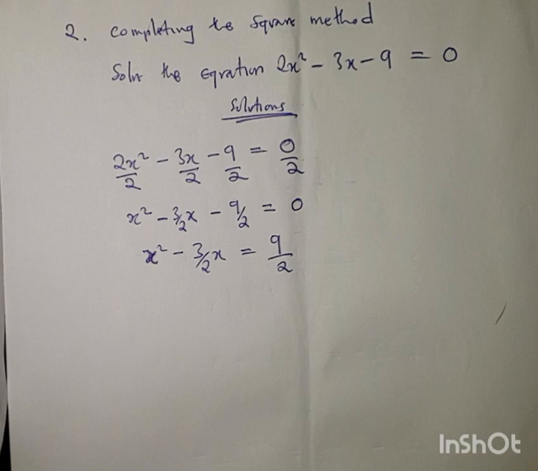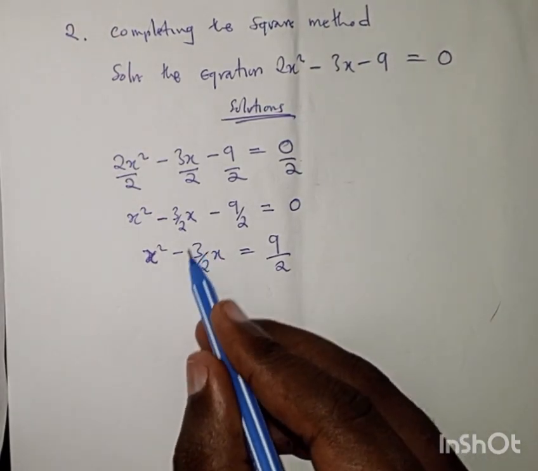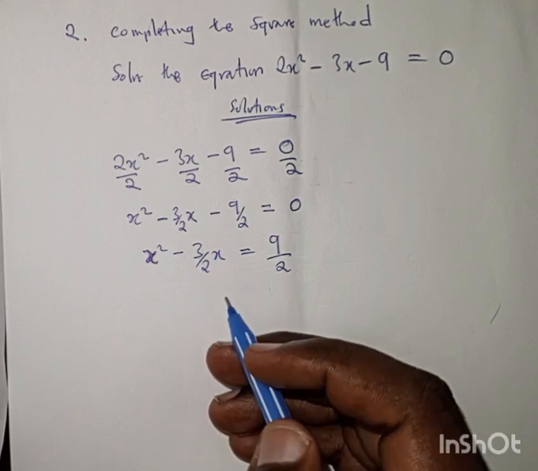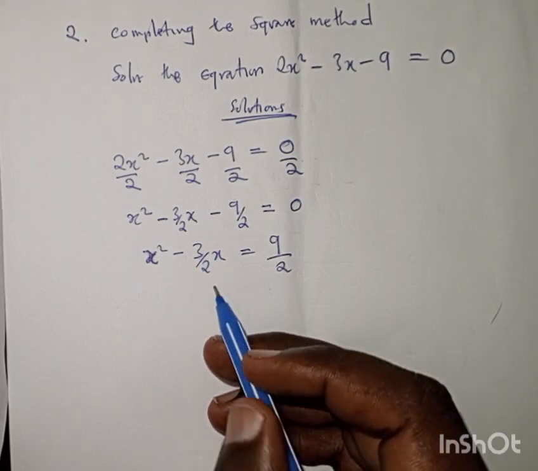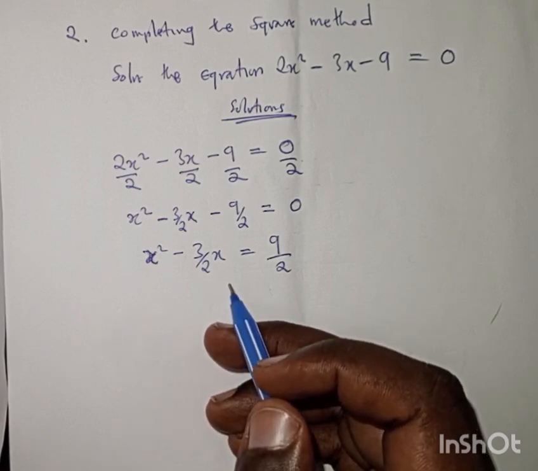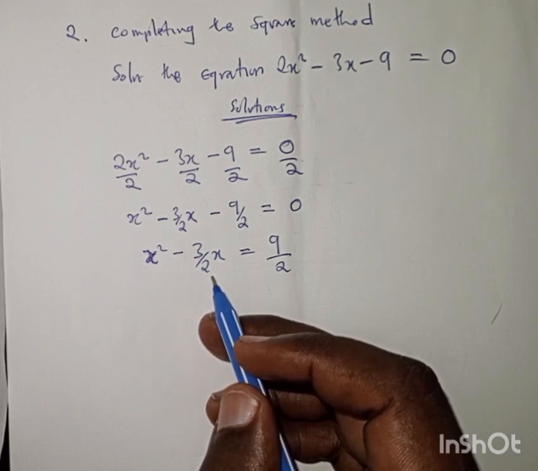Then you square the result and add it to both sides of the equation.